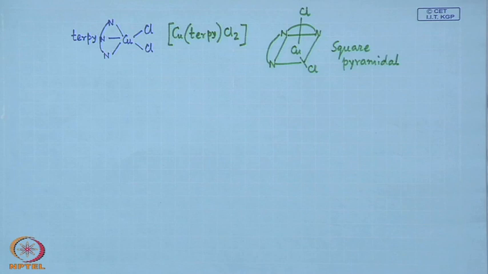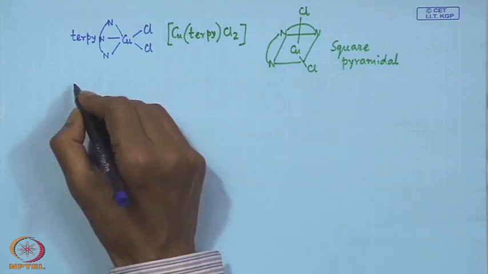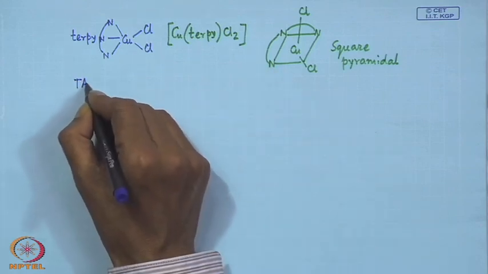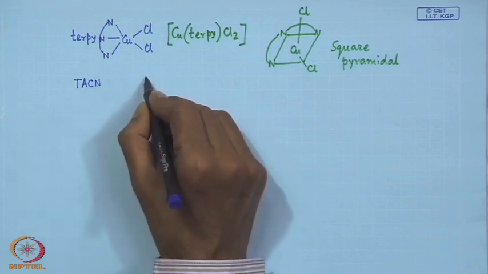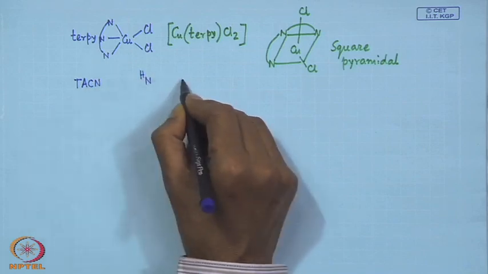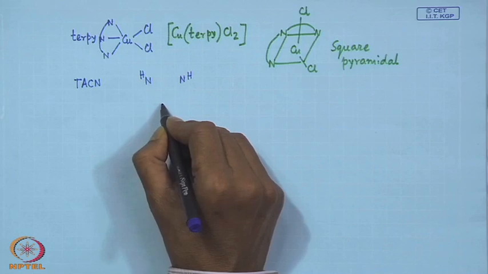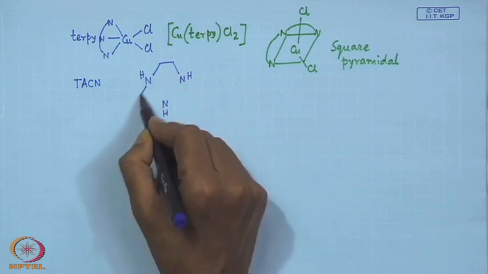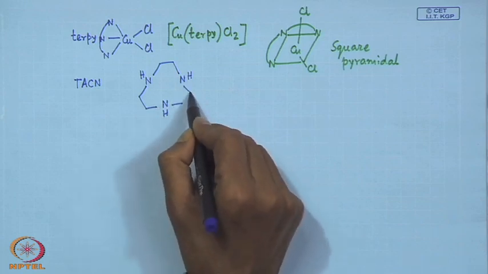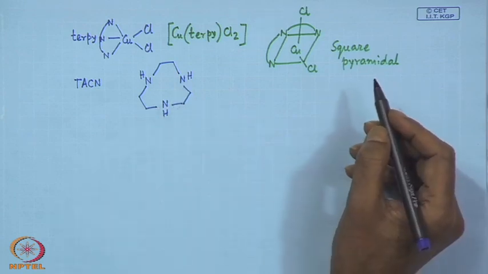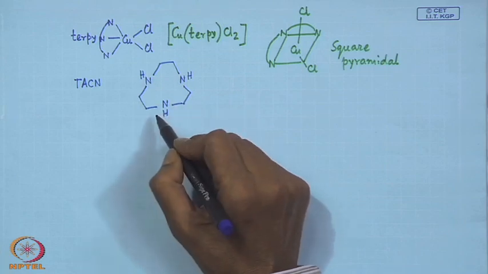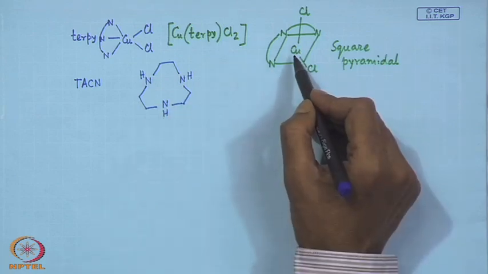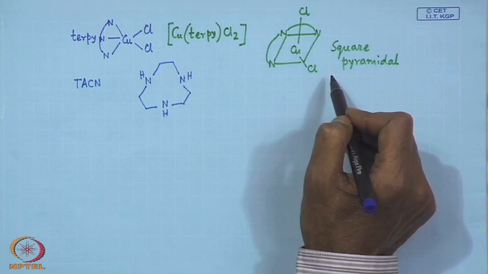Why are we classifying all these ligands in different categories? Because if we go for the TACN ligand, we have 3 NH groups which are more or less in one particular plane and which are connected by an ethylene backbone. This particular type of ligand cannot bind in this square pyramidal geometry.